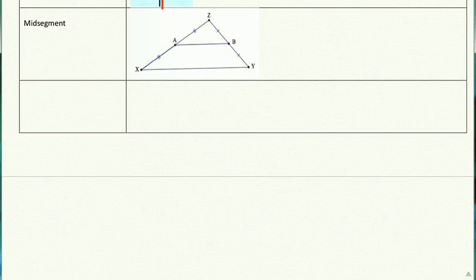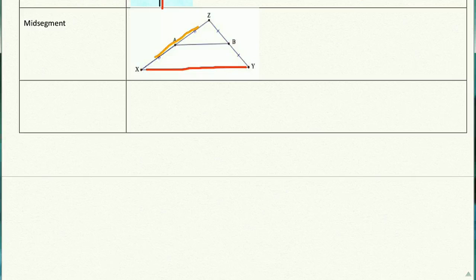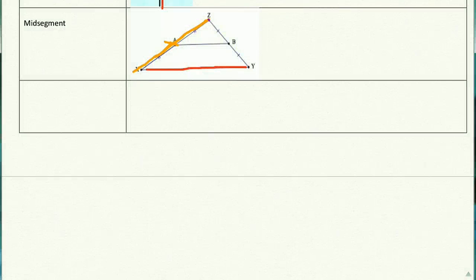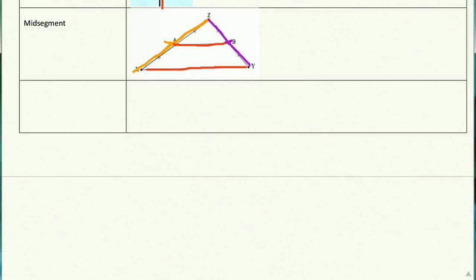Our last word is mid-segment. Now a mid-segment is interesting because it takes a standard triangle, and if you're looking at, let's say, side XY, the mid-segment that's parallel to XY is going to go halfway up the left side here, so halfway up there is going to split that in two, and then go halfway up the right side here, split that in two, and when you connect those two, you get the mid-segment.